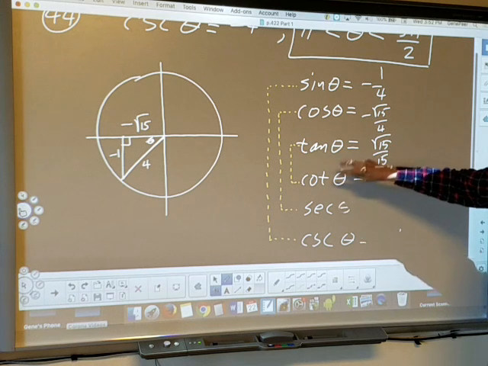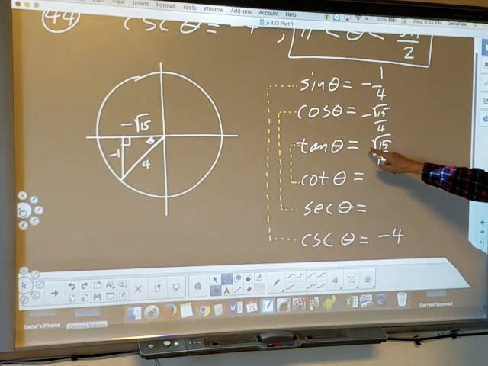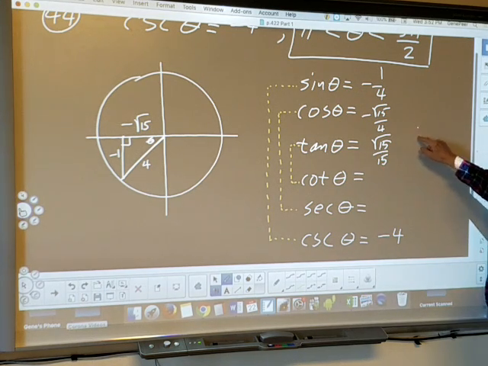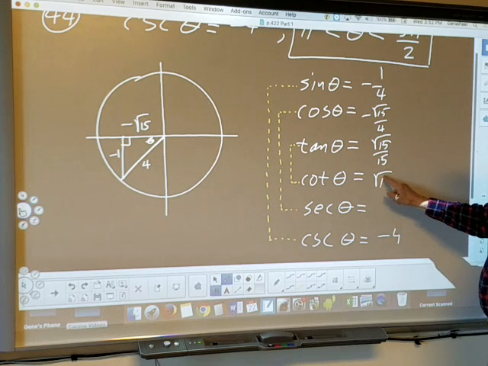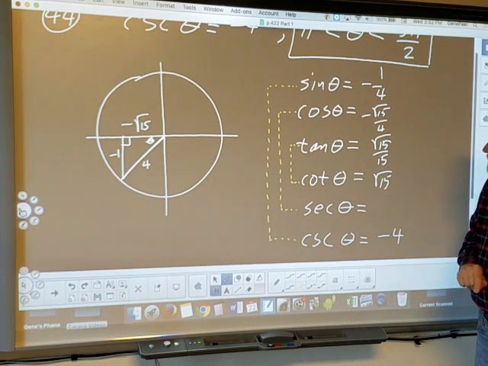All right, cotangent, reciprocal of tangent. Just a moment ago we knew that this was equal to 1 over square root of 15, right? So just flip that, so that makes this square root of 15. Done.